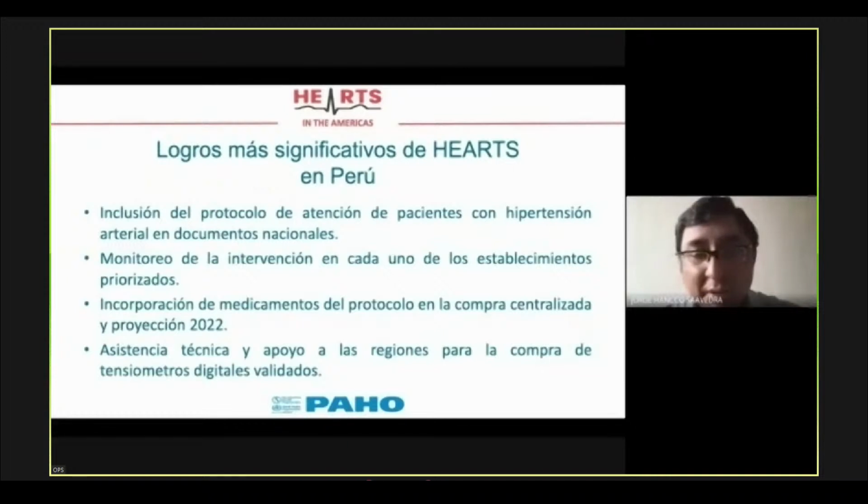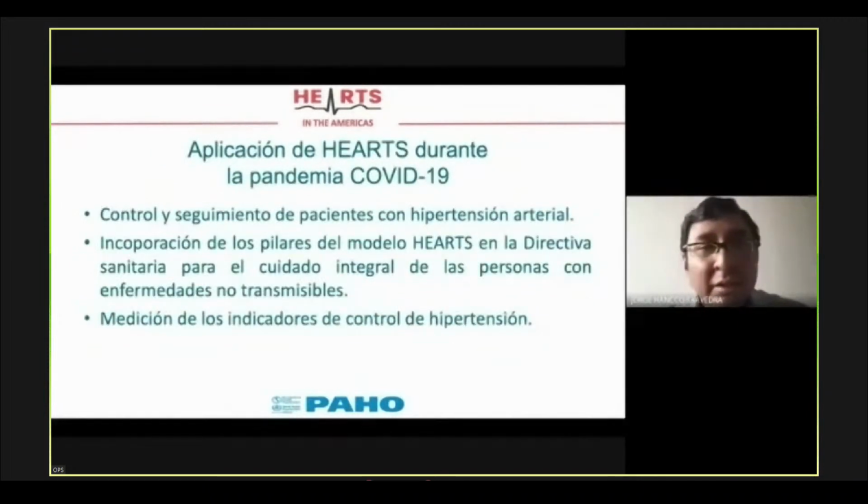We have been given support, and we have emphasized that it's necessary to have these validated digital blood pressure monitors. And we have to make sure and actually have emphasized the term validated. And this was based on the suggestions made by PAHO, because people have to make sure that these blood pressure monitors are validated.